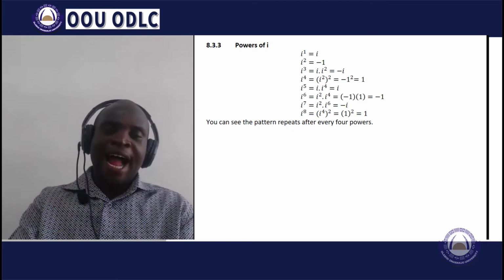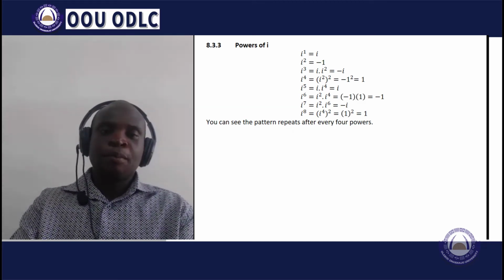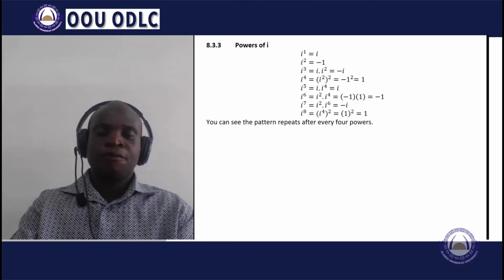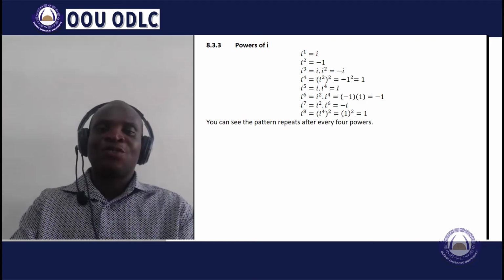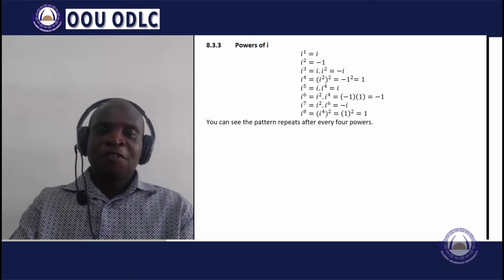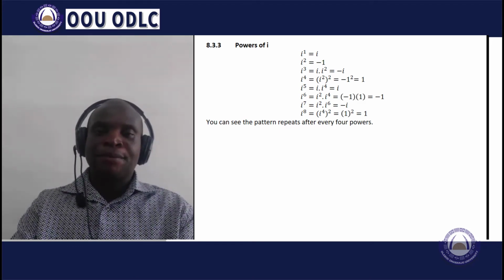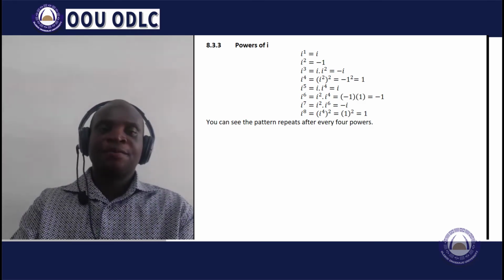Then the next one, i raised to power 5, is nothing but i times i raised to power 4. And i raised to power 4 is 1. So i raised to power 5 will now be i times 1, which is i.